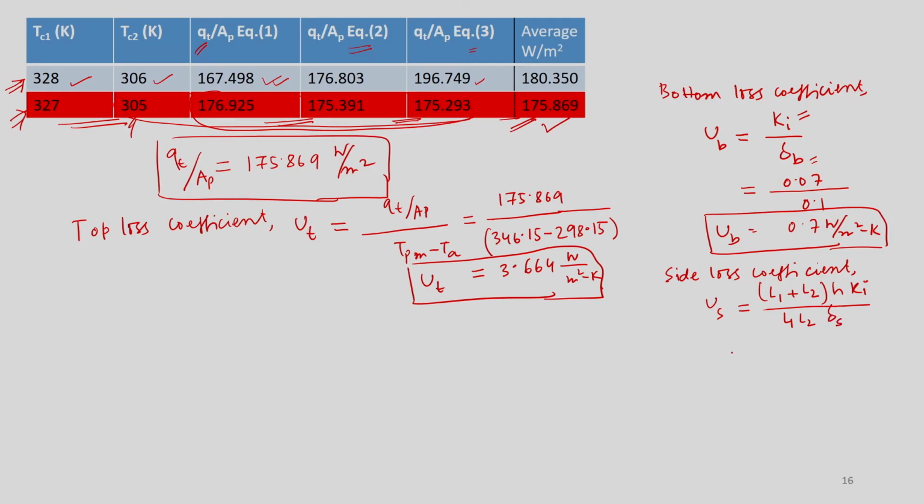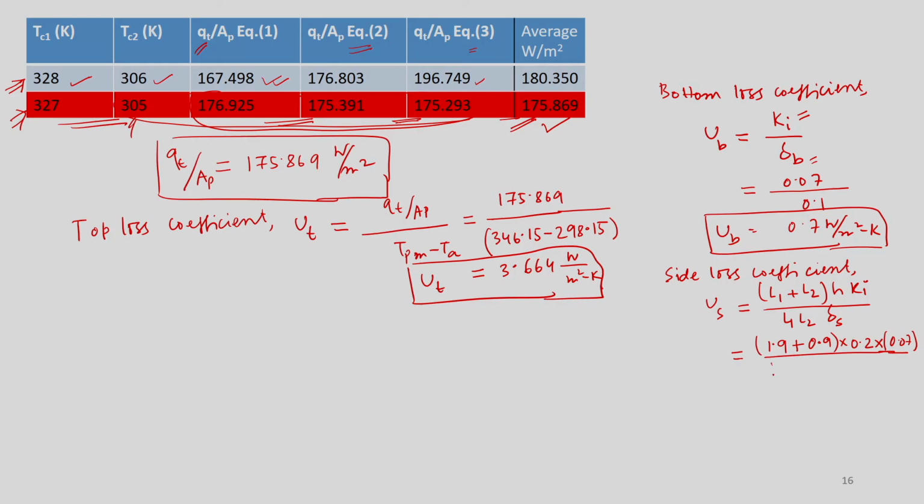So, if you substitute those values, L1 is 1.9 the length, the width is 0.9 and H, the height, is 0.2, and then Ki is 0.07, okay.